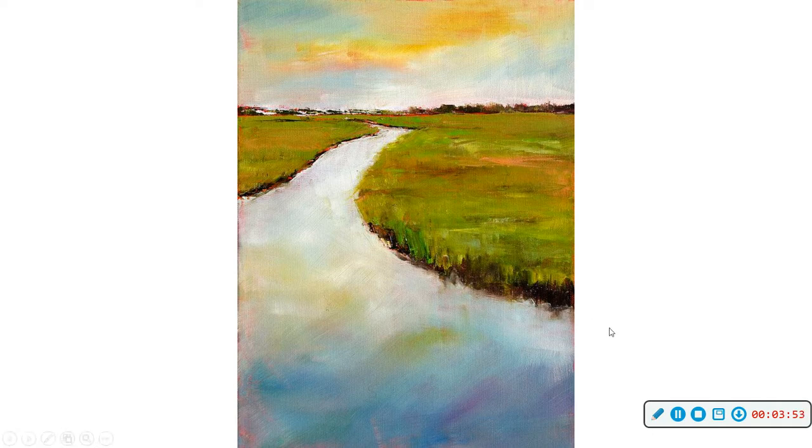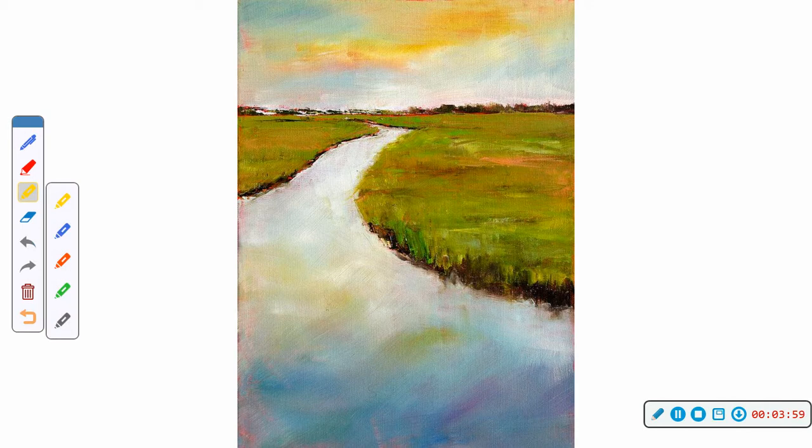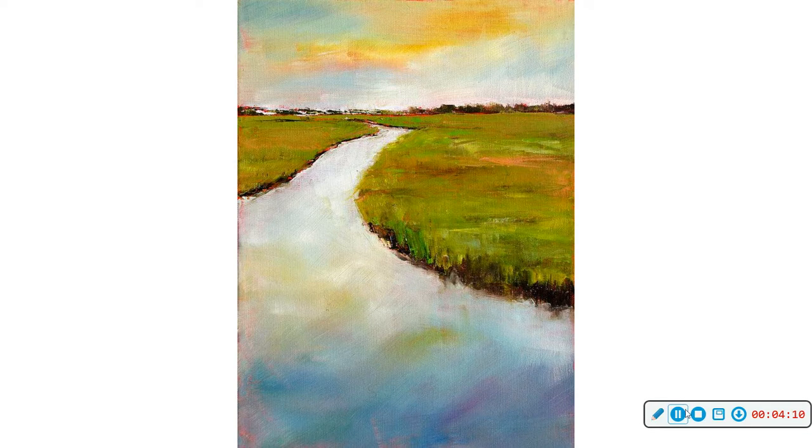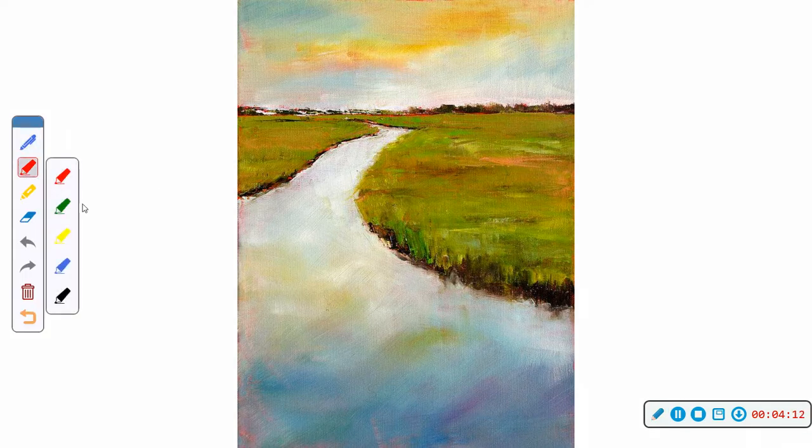Think about it. Where do things stop going back and start going up? Things stop going back right along this line where the trees and the grass meet.